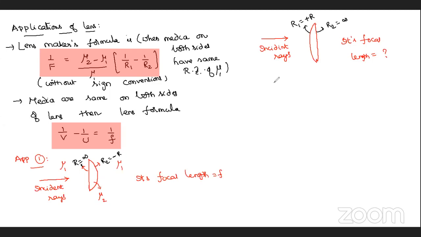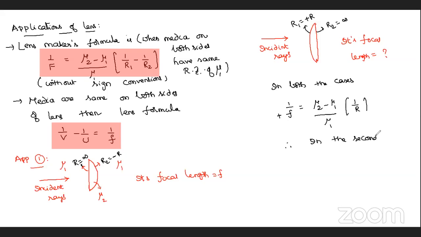That's why in both cases we can write 1 by f is equal to (mu2 minus mu1) by mu1 into 1 by R. In both cases we get plus 1. Therefore, in the second case the focal length f is f only, without changing the sign.